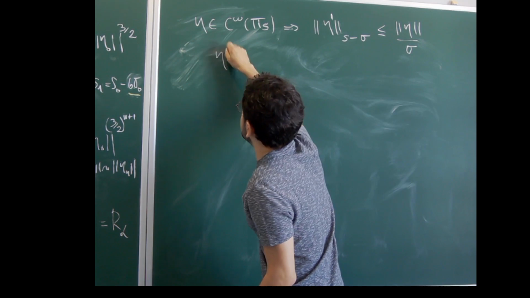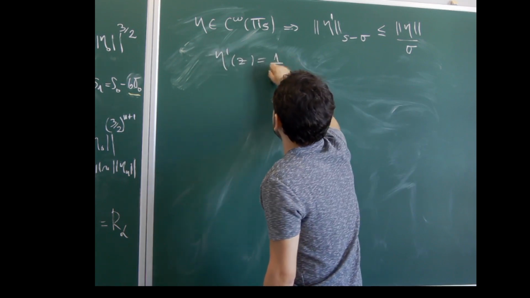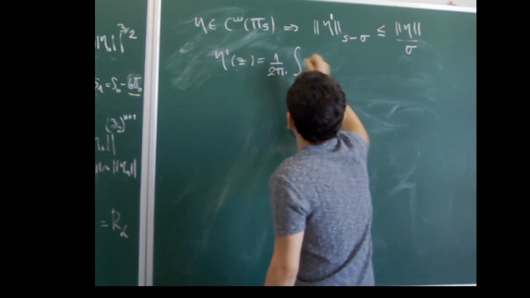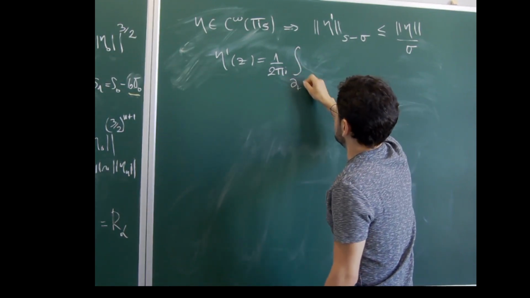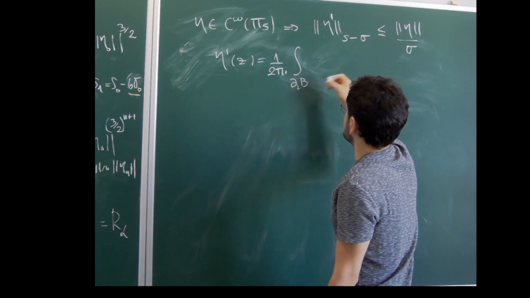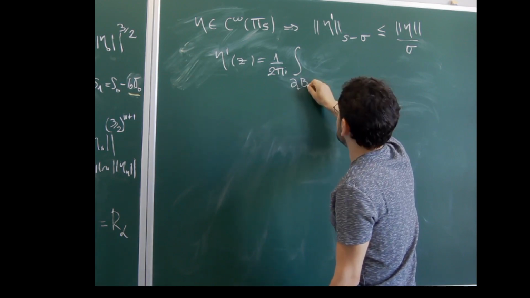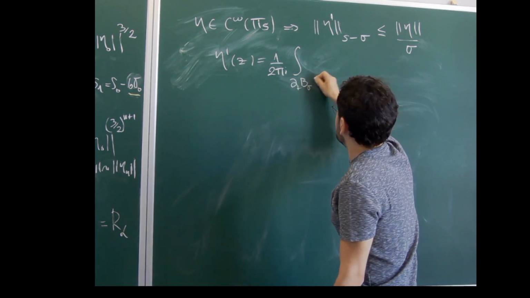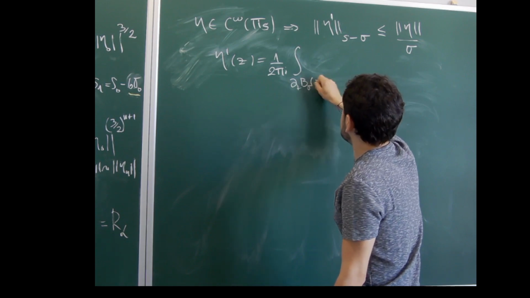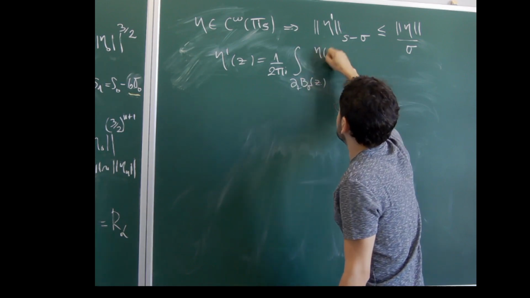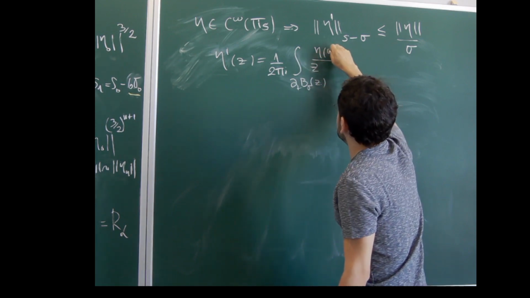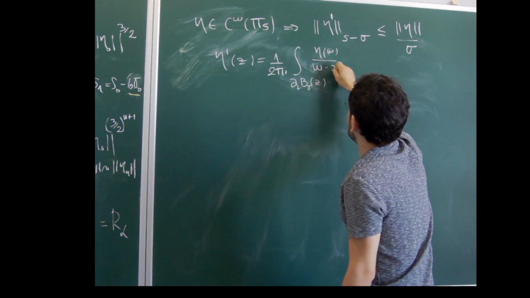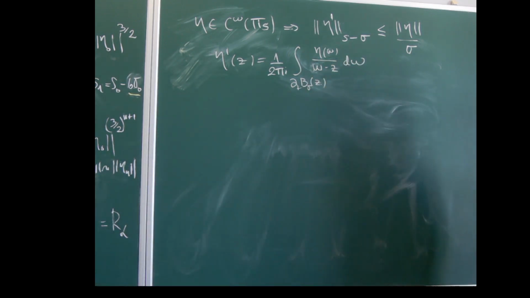So why is this? Because you can write the derivative as 1 over 2 pi i times the integral over some small ball of radius sigma around my point, and here I will have eta of z over w, squared.